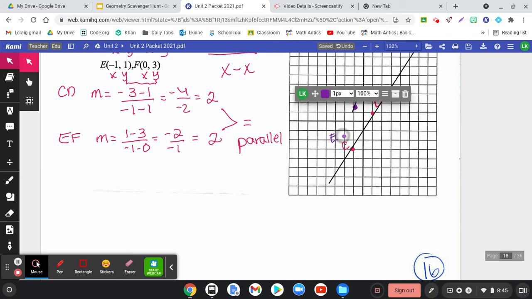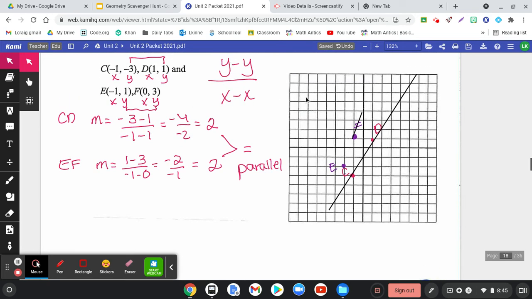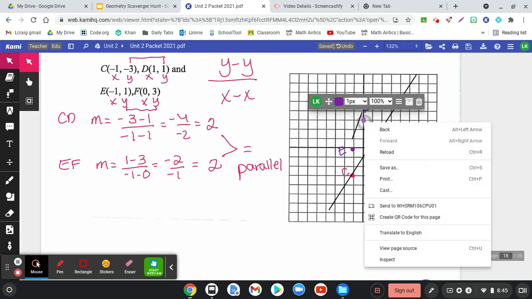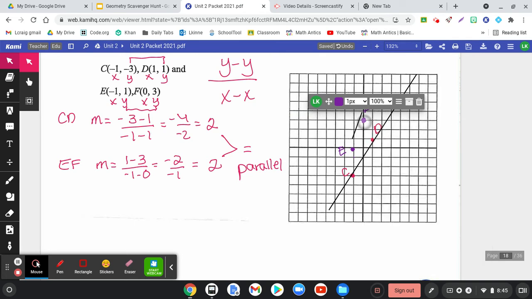Oh my goodness. Now I've moved things around. Give me just a second. So F was 0, 3. Oh, the whole thing moved. My goodness. See what happens sometimes?